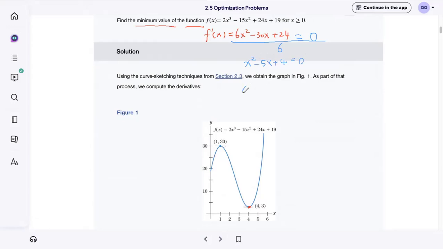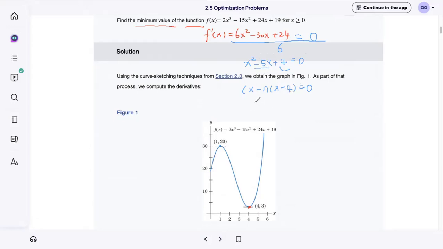Then we can factor this as (x minus 1)(x minus 4), because minus 1 times minus 4 gives positive 4, and minus 1 plus minus 4 gives negative 5.